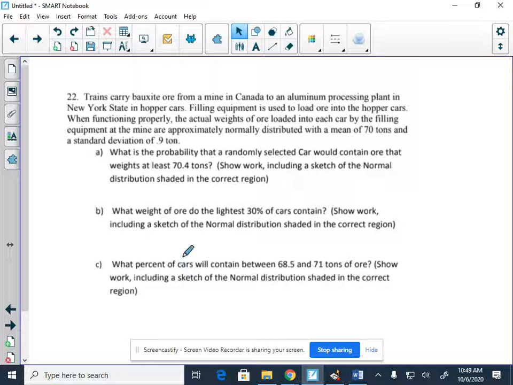We've got this one on the trains with the ore. The mean is 70 tons. And what ones weigh at least 70.4? So to weigh at least 70.4, it's got to be 70.4 or higher. So we got to do a z-score.